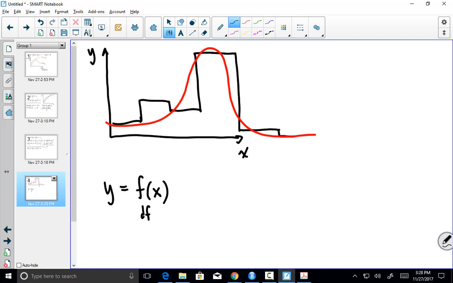This red curve, if I changed what I'm calling the degrees of freedom, if I were to lower the degrees of freedom, that would mean it can't curve quite as much. So it has to move more slowly. If I were to increase the degrees of freedom, then it gets to wiggle even more.